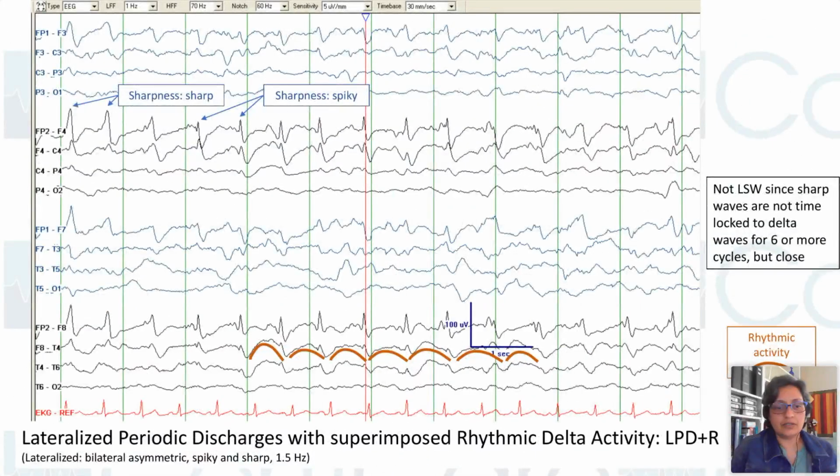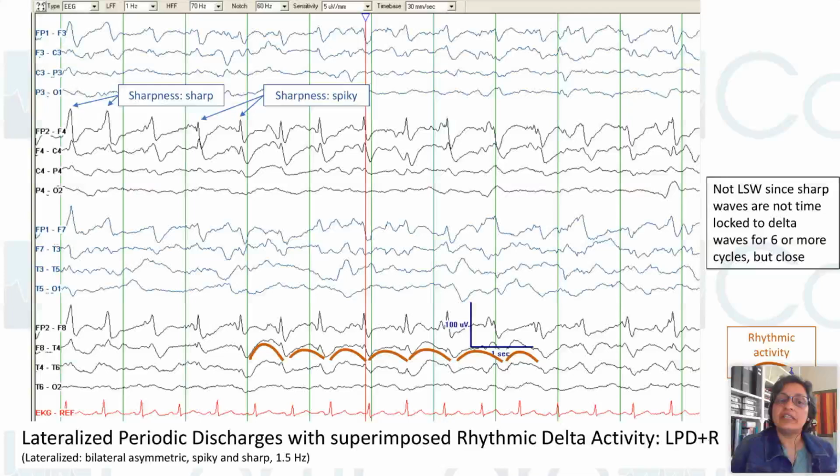Now, the way ACNS describes it, it's LPDs with superimposed rhythmic delta activity. Here, if you look at these periodic discharges, this orange sine wave is describing delta waves after your periodic discharge.